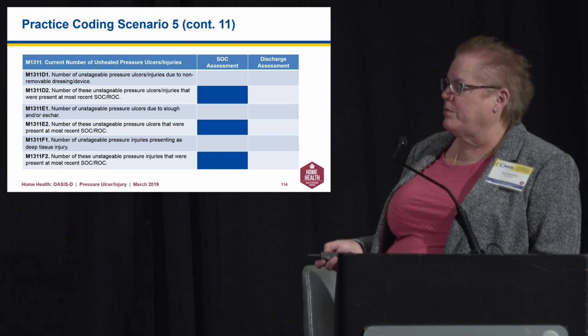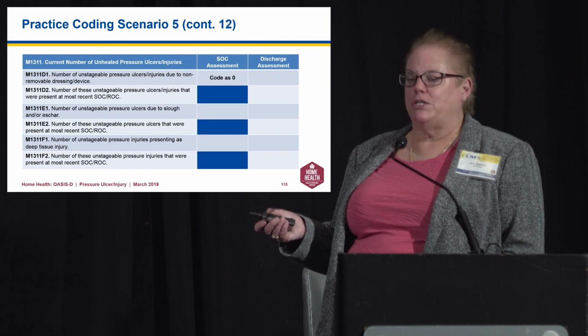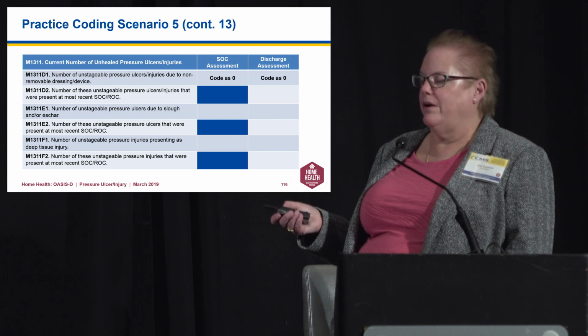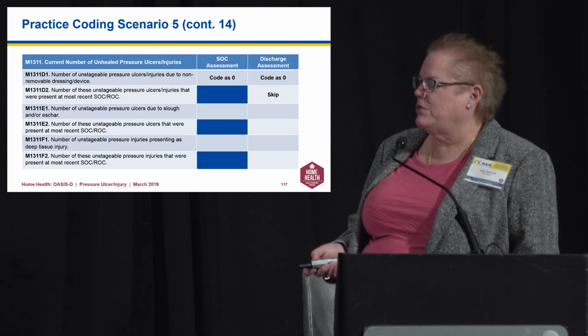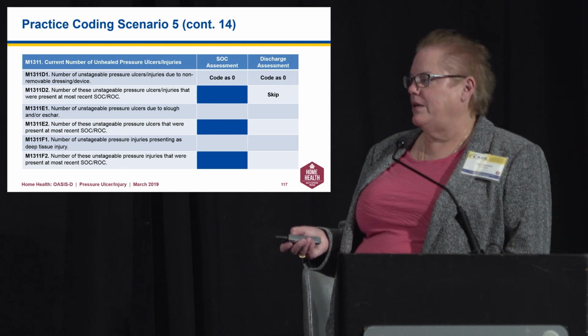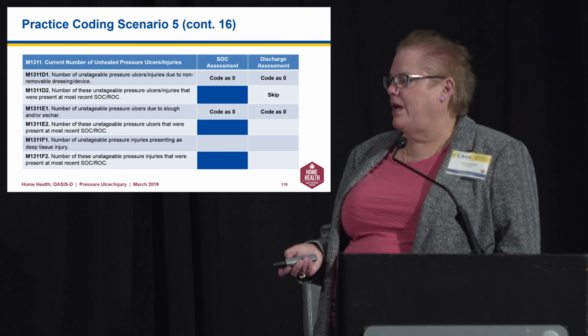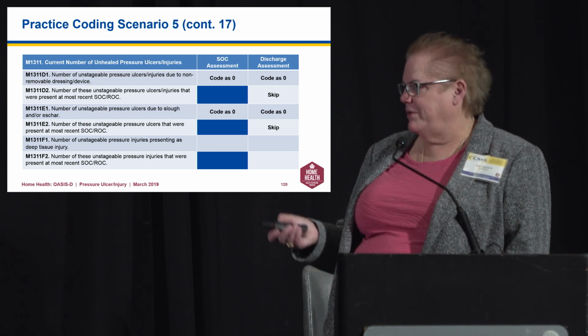So the number of unstageable pressure ulcers due to non-removable dressing. Right. How about at discharge? And then the next question, how many were at the start of care? Skip. Good. How about unstageable due to slough or eschar? At start of care we had 0. How about at discharge? Good. And then how many of these were present at start of care? Skip. You guys are getting it.